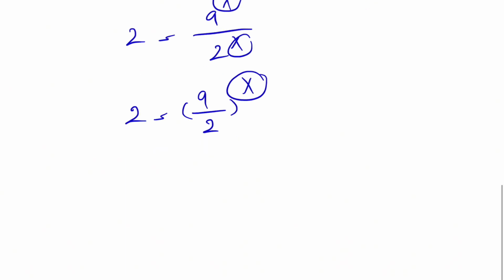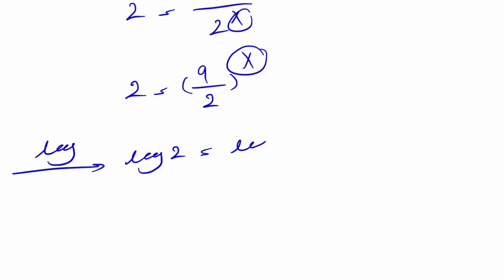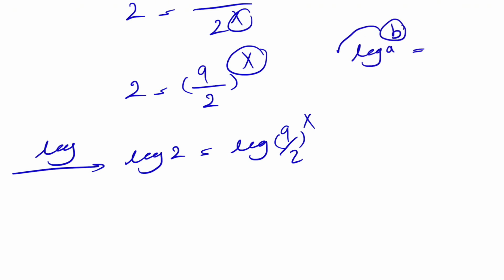Now we have our x in the exponent, and we can take the logarithm on each side of the equation. On the left side, we have log of 2 is equal to log of 9 over 2 to the power of x. From the laws of the logarithm, when we have log of a to the power of b, the b can go in front of the log, so it will be equal to b times log of a.